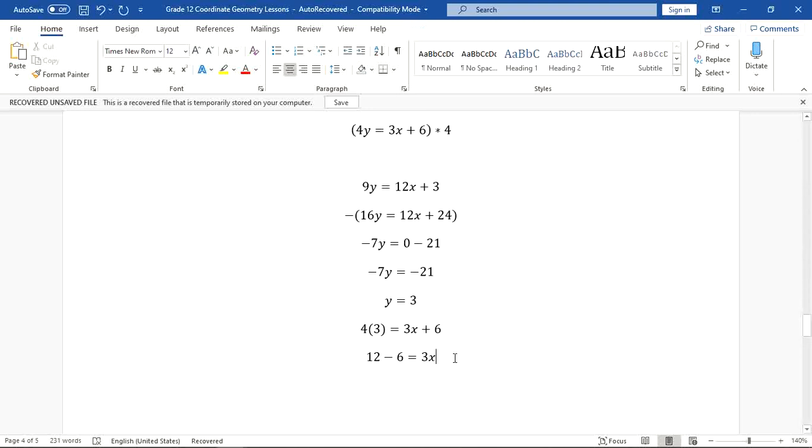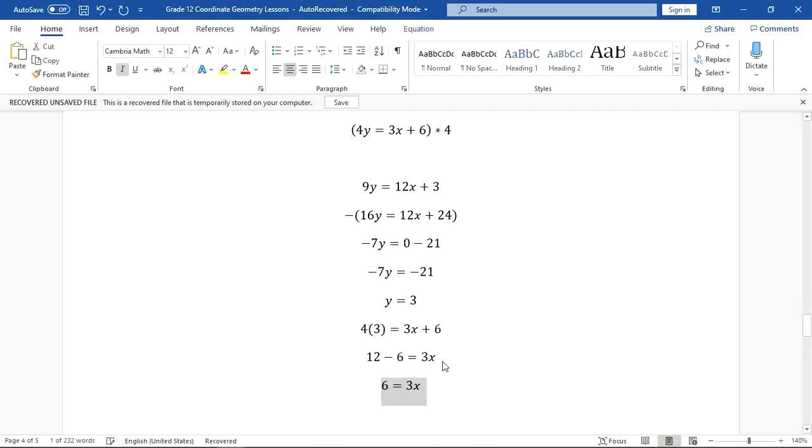And then in the next line, we have 6 equals 3x, and we know that 3 is a factor of 6, so that will give us an x of 2.